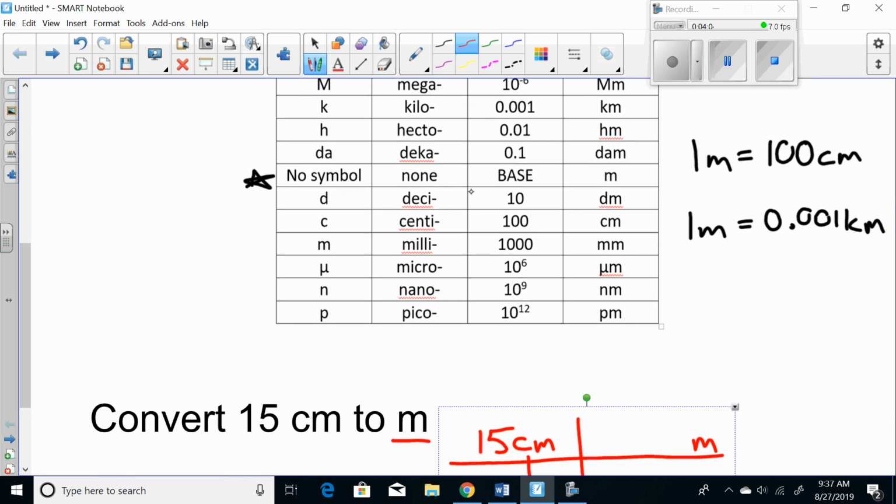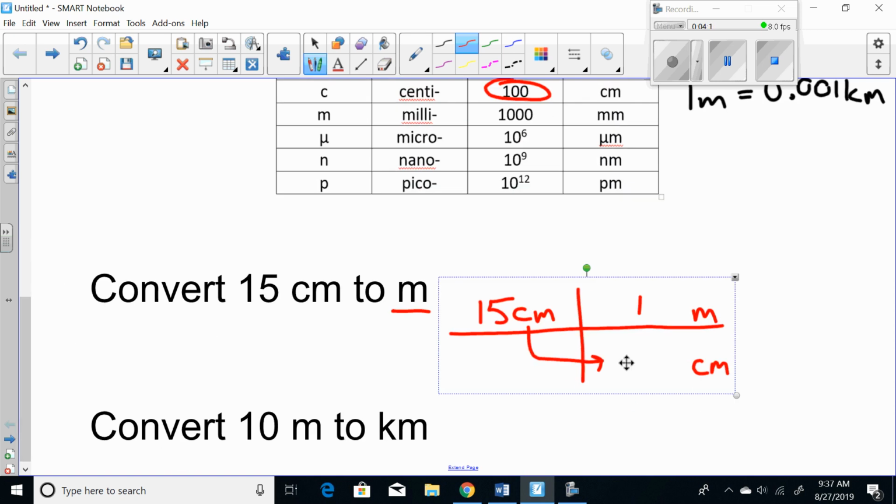Meters is a base unit, which means it's going to be a 1. Centimeters means 100. We would do 15 centimeters times 1 divided by 100, and so 15 centimeters is 0.15 meters.